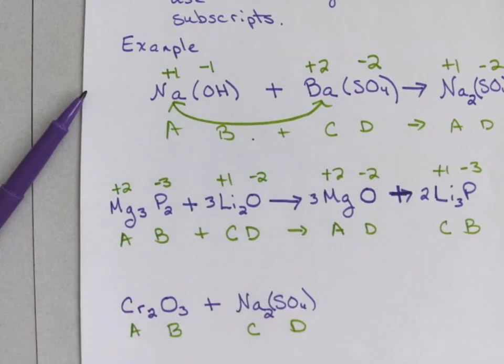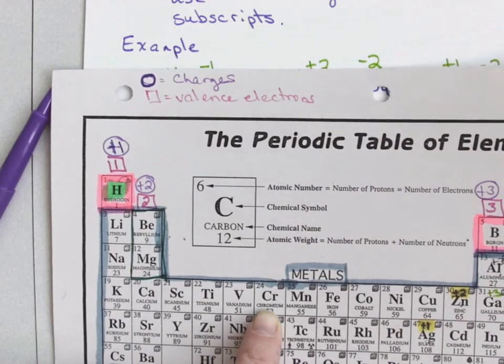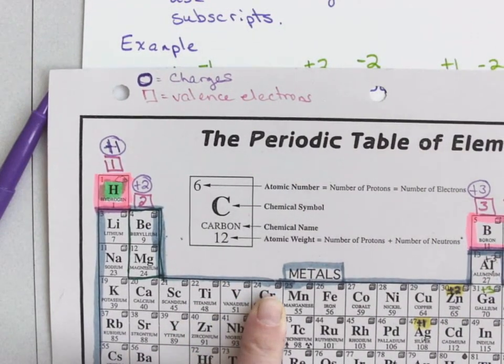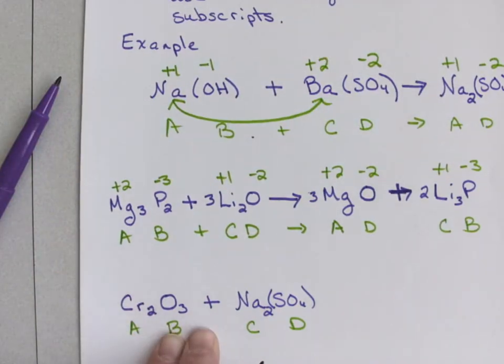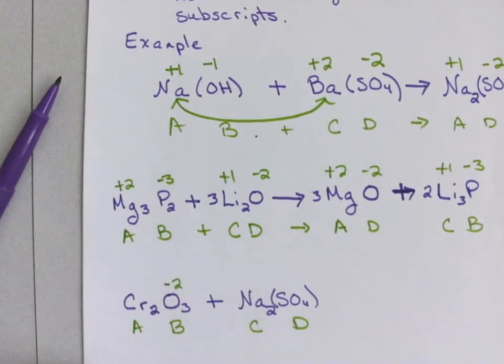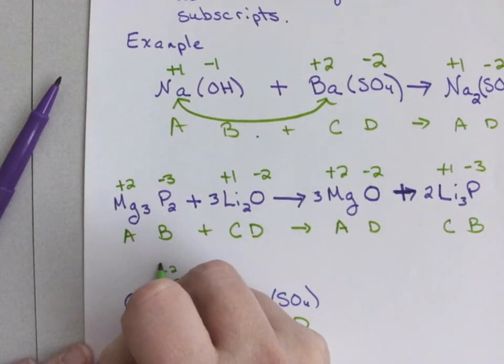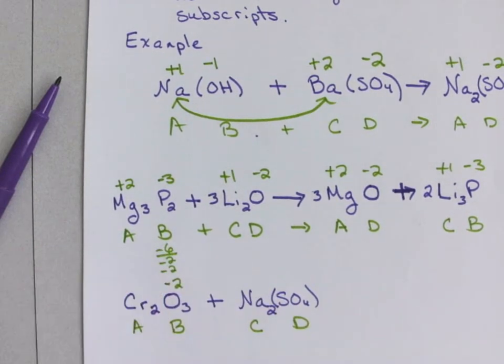The chromium is right here, so that means we don't know what its charge is, right? So we have to figure that out. Remember, when we have one of the transition metals, we have to look to see what it's with to figure it out. And so it's with oxygen, and oxygen has a -2 charge. There are 3 of them, so that totals to -6, right?